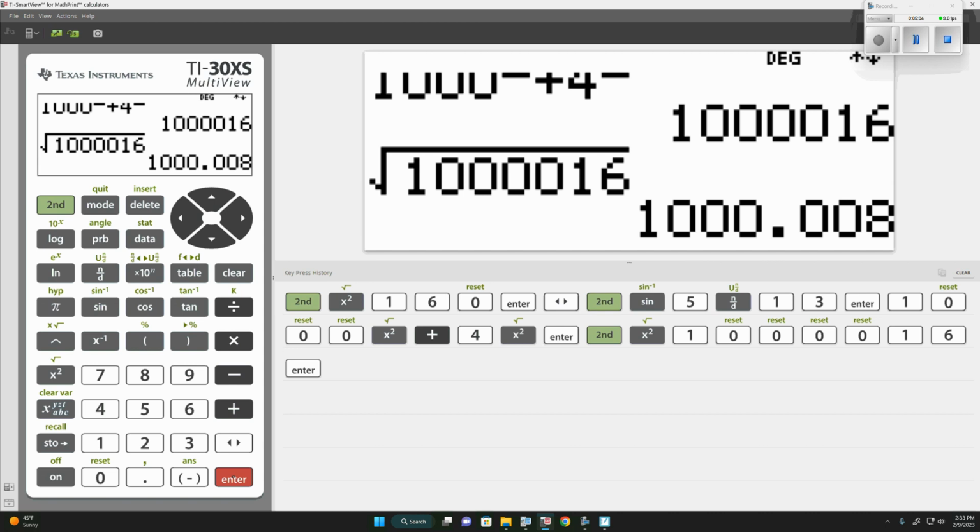So the hypotenuse is 1,000.008. We need the 008 for it to be the biggest side. That looks like it, yes.